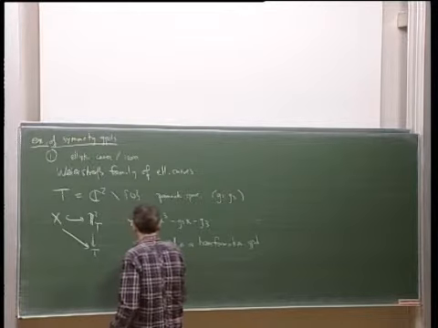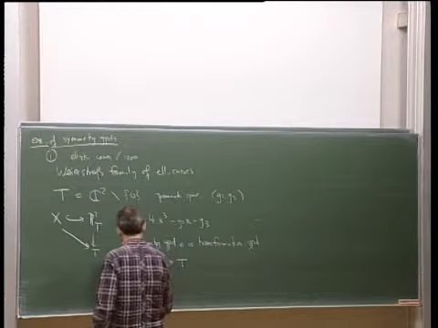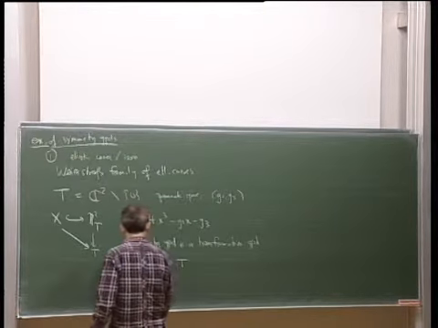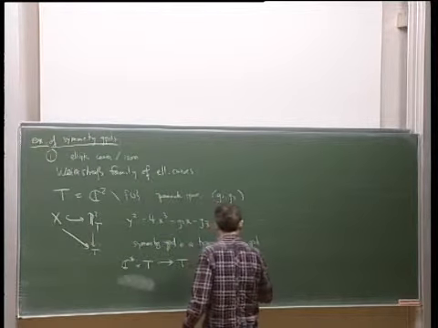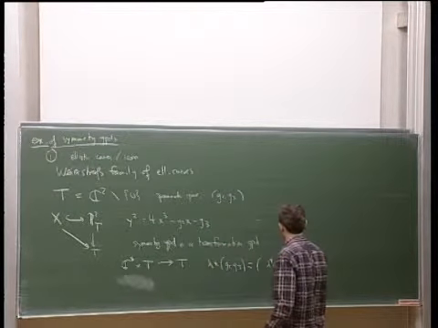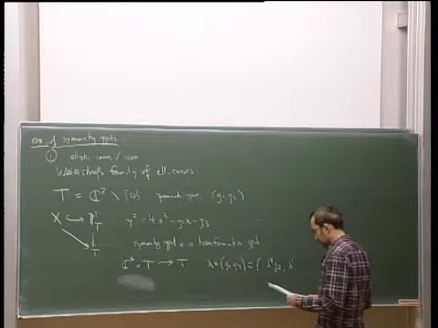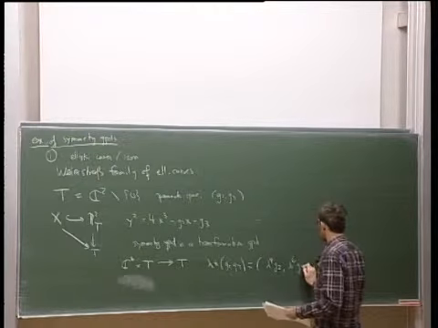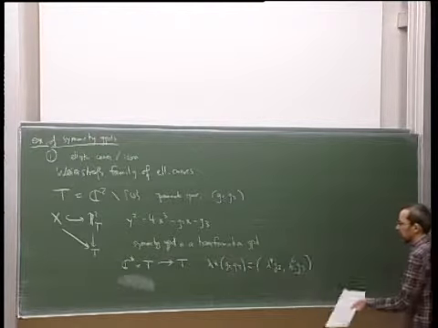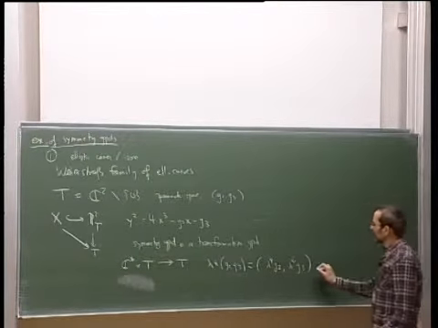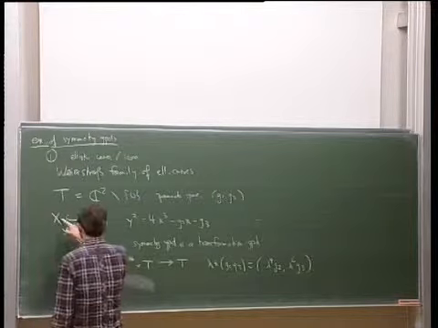So C star acts on T. So lambda acts on G2 and G3 just by weights. C star acts with weights 4 and 6. And this action lifts. This is an action on the parameter space, and this lifts to the total space of the family.